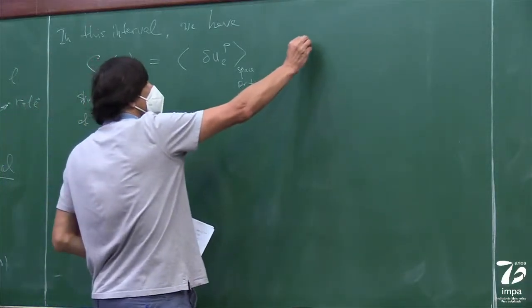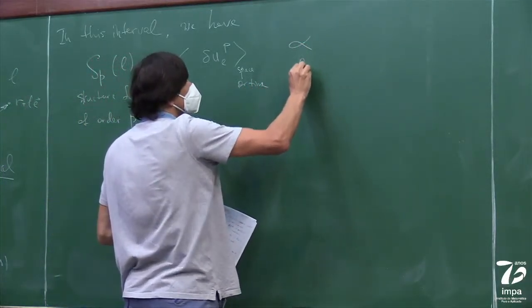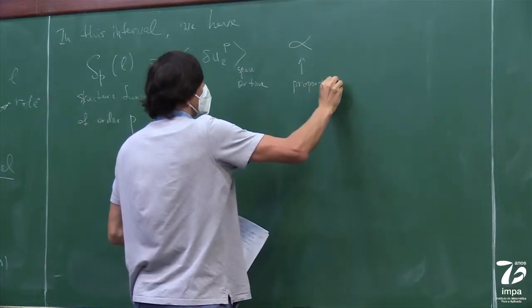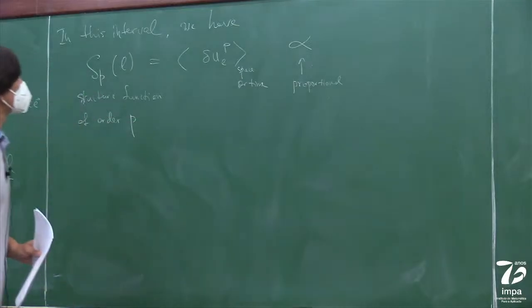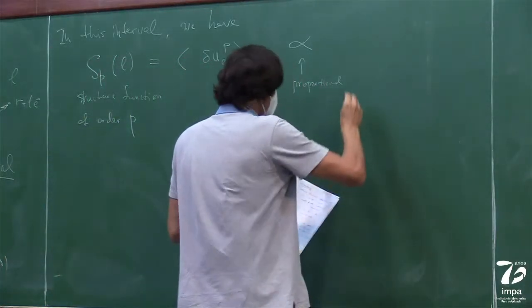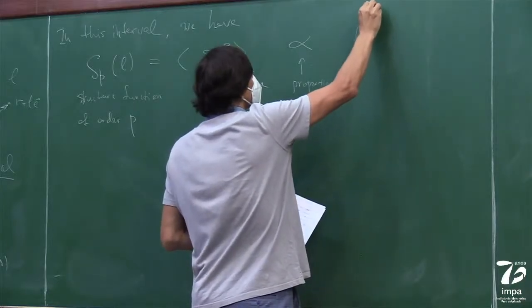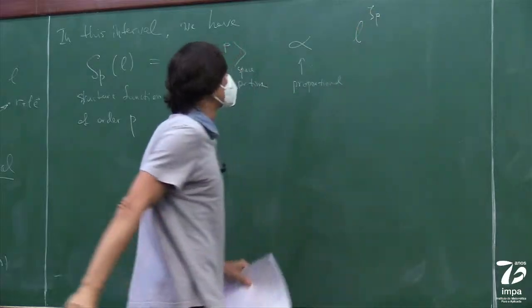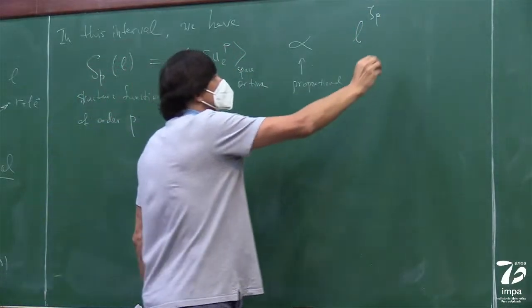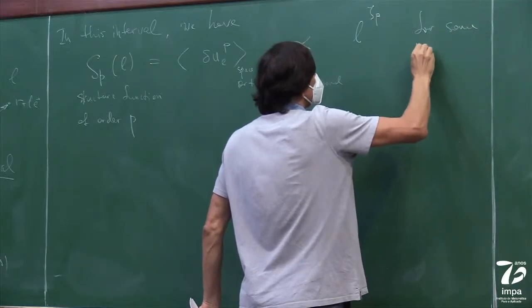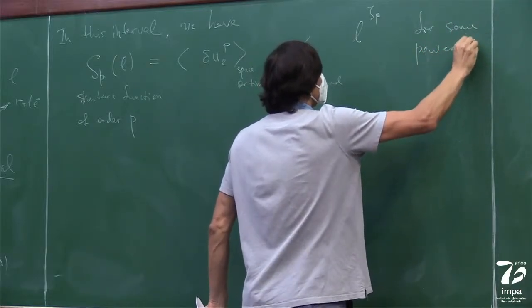So it's proportional, where this sign means equality up to a coefficient, to L to a certain power zeta_p, for some power zeta_p.